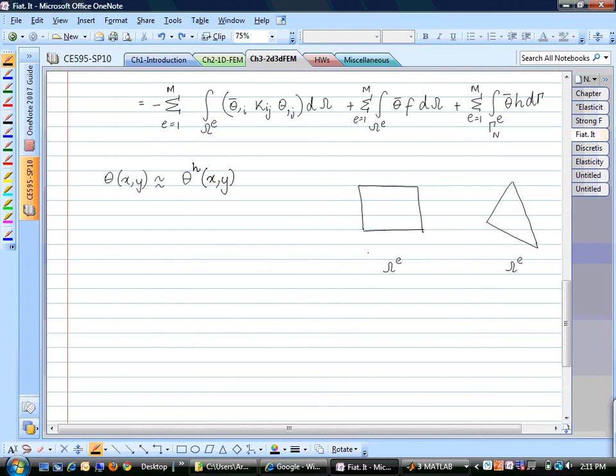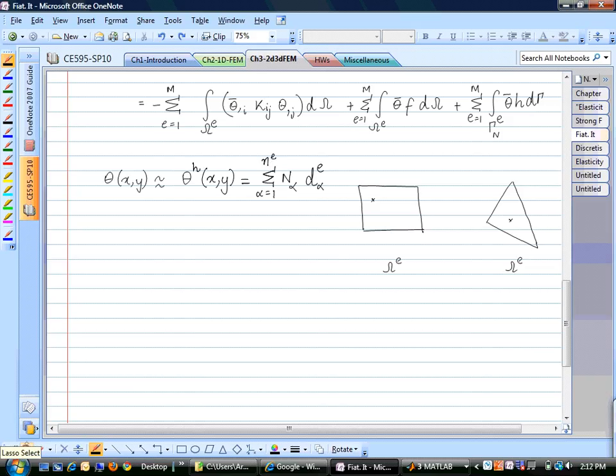All I'm saying is go to any point in the element, and try to represent your theta at that point using some approximation. So we'll say that this is going to be equal to the sum of some shape functions, let's call that N alpha, times d alpha of element e, where alpha goes from 1 to small n e.